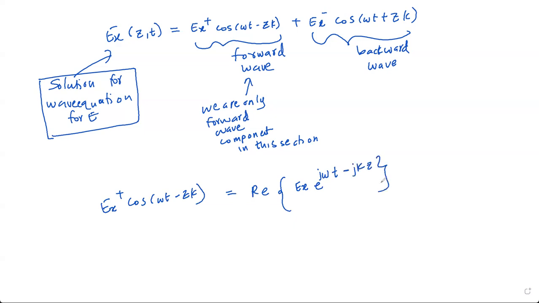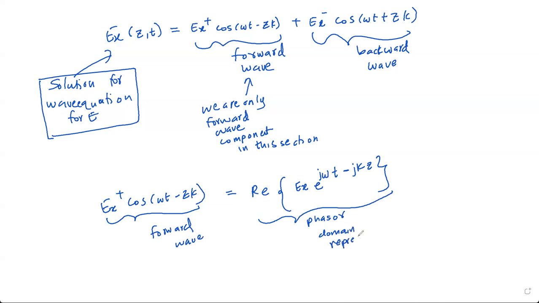So this is the phasor domain representation of the forward going wave. This is the phasor domain representation of that forward wave.